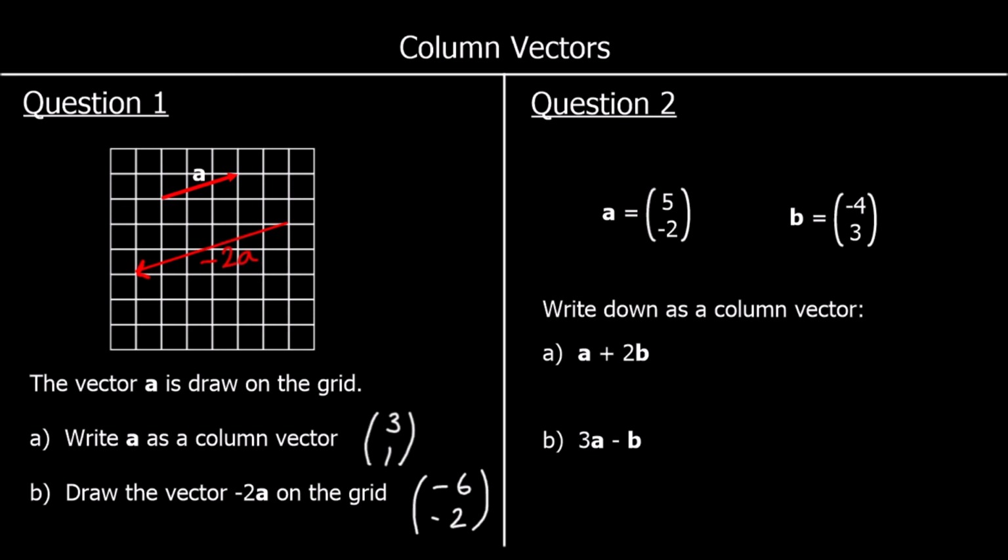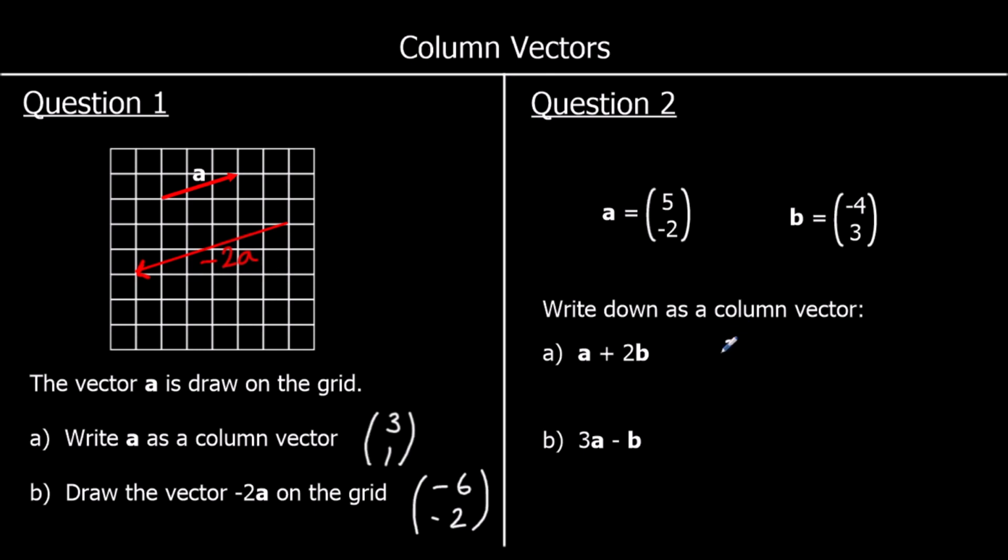Question 2. We've got 2 column vectors. So A is 5 to the right and 2 down, and B is 4 to the left and 3 up. Write as a column vector A plus 2B. So 1A and then 2 B's.